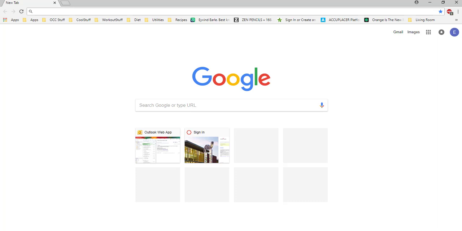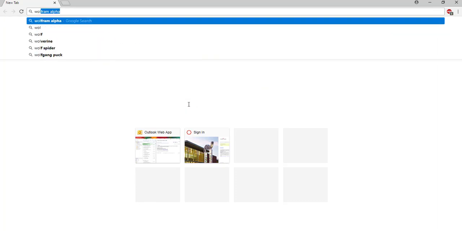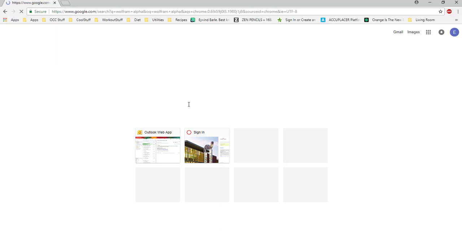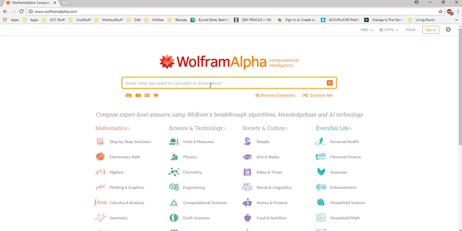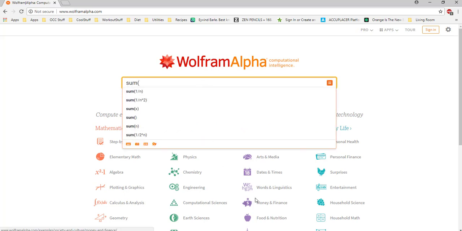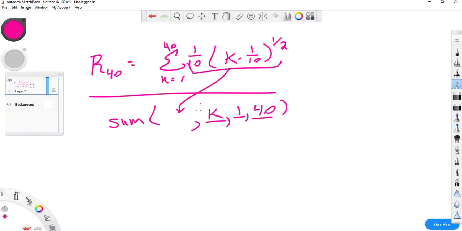So you're going to open your computer in Google or whatever you want. I'll type in Wolfram Alpha. Go to the very first one. You can also type in wolframalpha.com if you'd like to. Either way works. Now here, where we're going to enter what we want to know about, we want to take the sum of, and now we want to type in this formula right here.